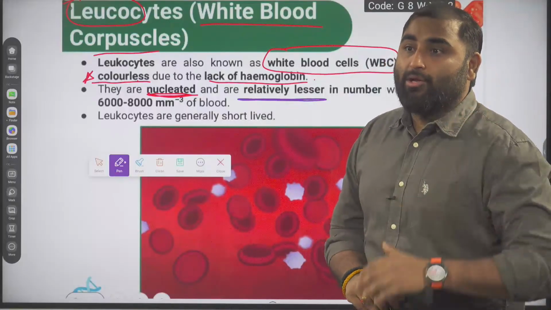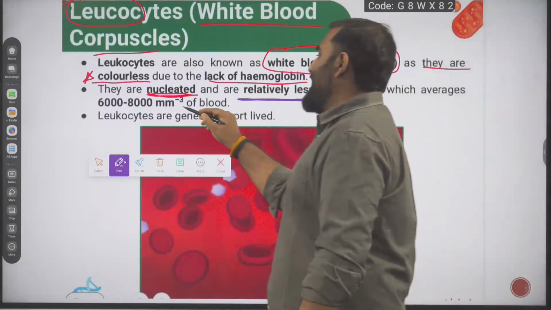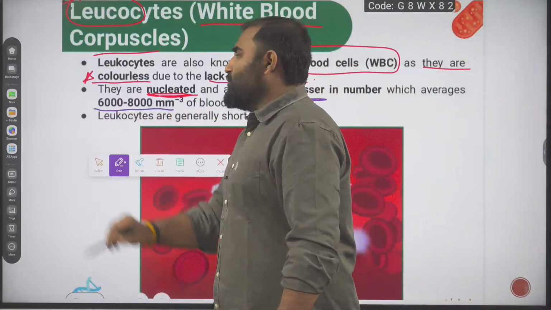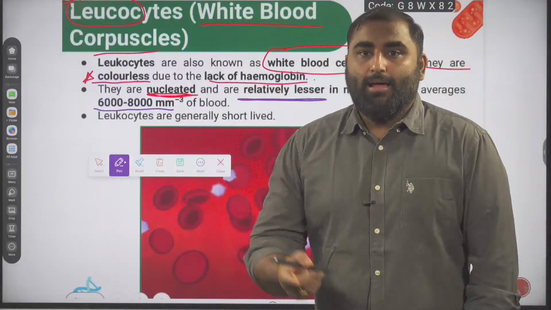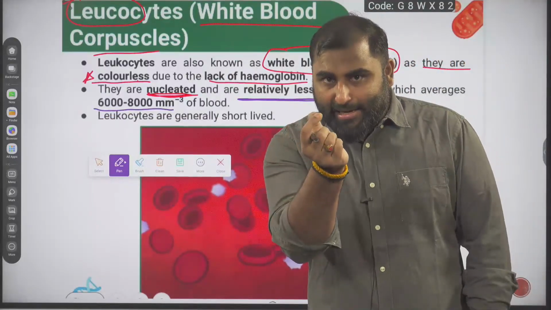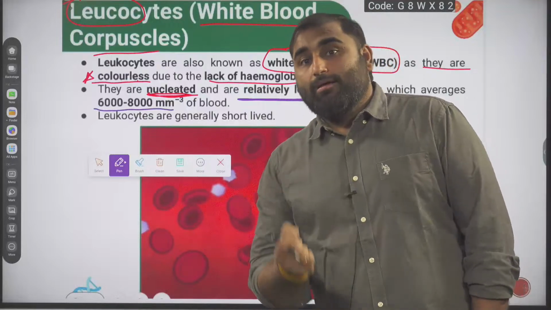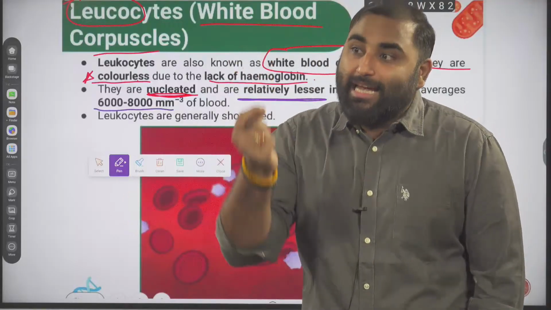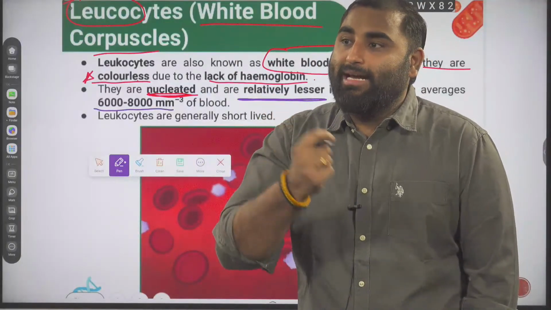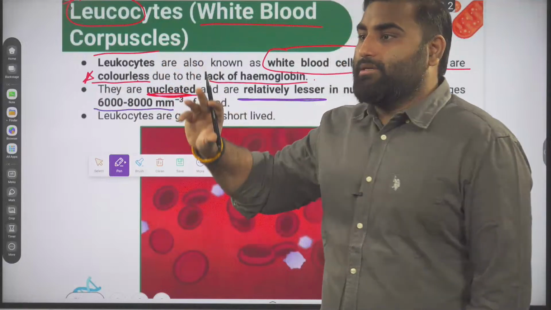Here 1 cubic millimeter will have 6,000 to 8,000 WBC. So in one tiny drop of blood, there were 5 to 5.5 million RBC, and in the same drop, there are only 6,000 to 8,000 WBCs.